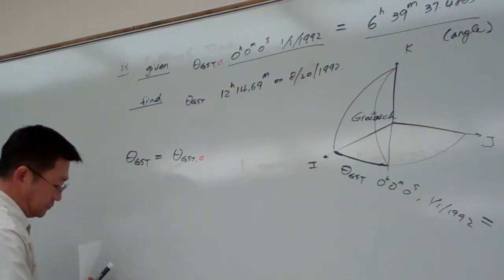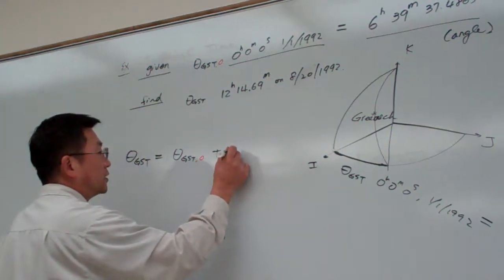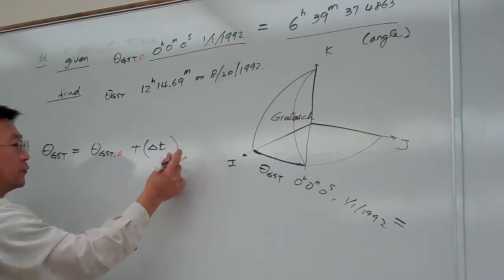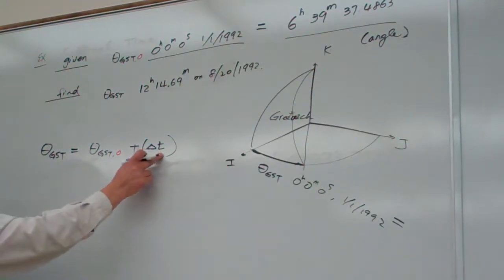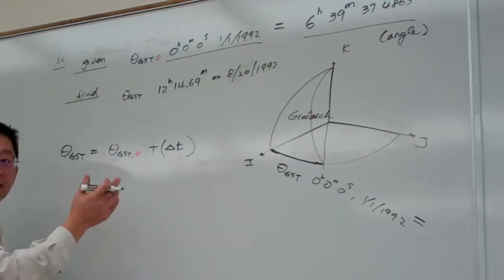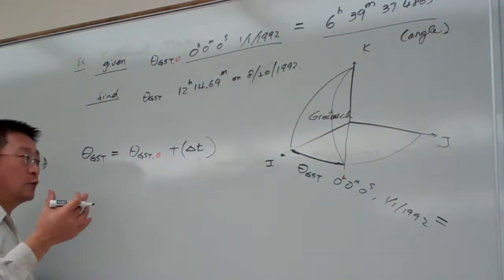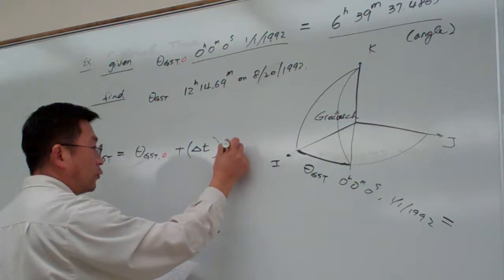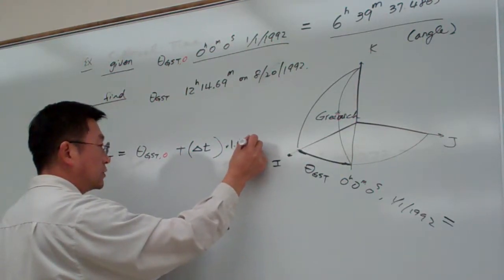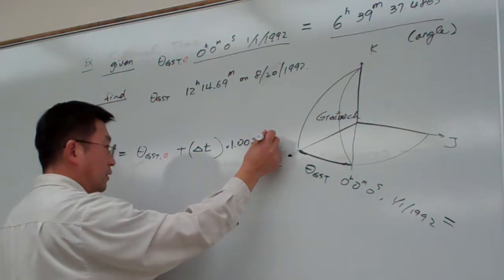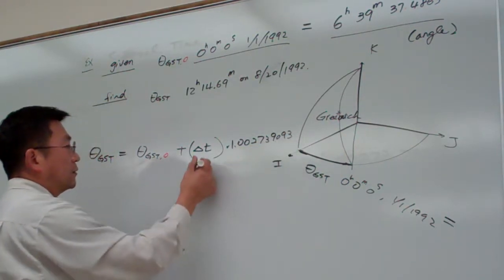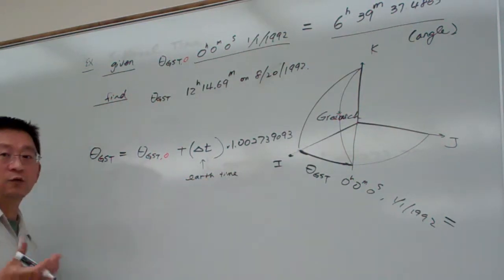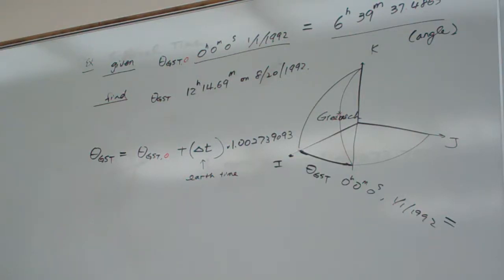Plus delta t, the time elapsed, measured on Earth's time, multiplied by 1.002737909. Actually, for each day we measure, the Earth has its rotations. This is our Earth time. That is the time system we measure by living on the Earth.